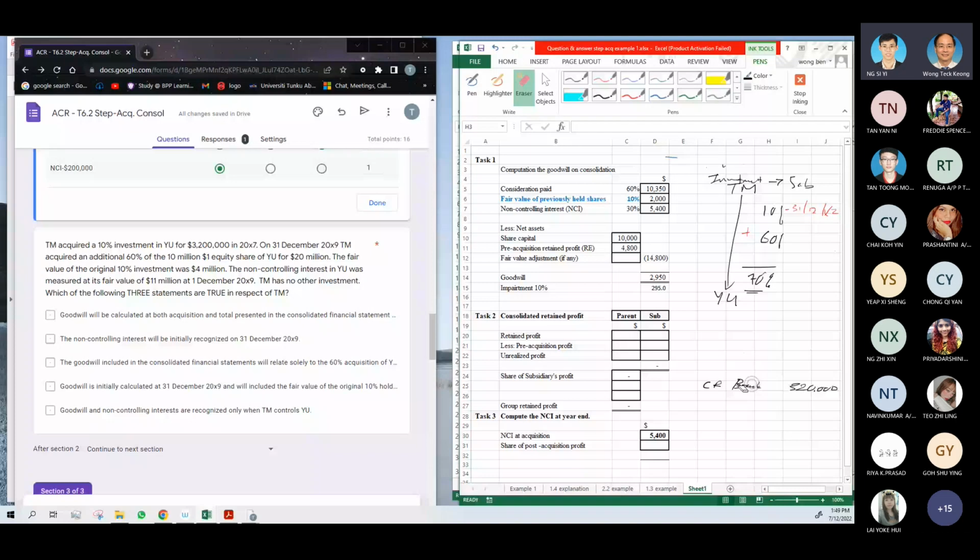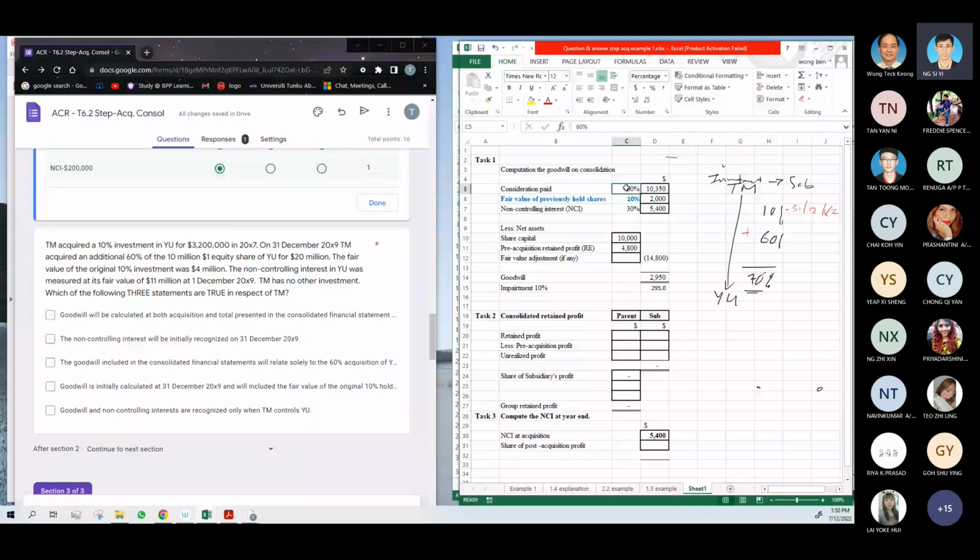So now they ask you for the theory. You pay 10 million for another share, 10 million for a share valued at 20 million. Fair value of the original is 4 million. So this one can help you to compute goodwill if you want. NCI 11 million, has no other investment. Which of the following statements are true? So maybe you can do your calculation a bit. Initially 10%, you buy another 60%, so 70.